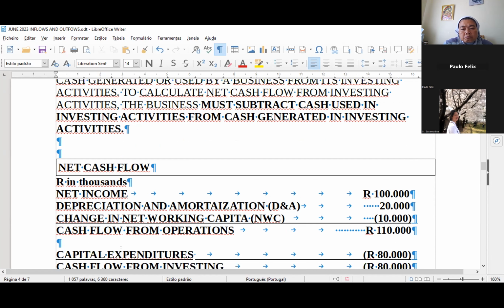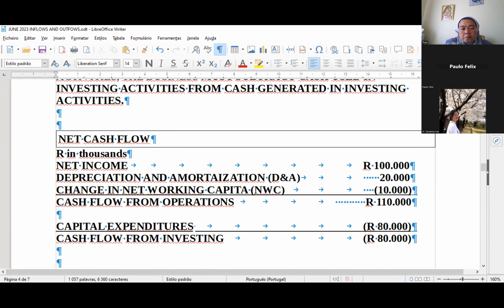So the cash flow from operations is 110. Then there is a capital expenditure of 80,000, so cash flow from investing is negative 80,000. Then 110 minus 80 comes to 30,000.